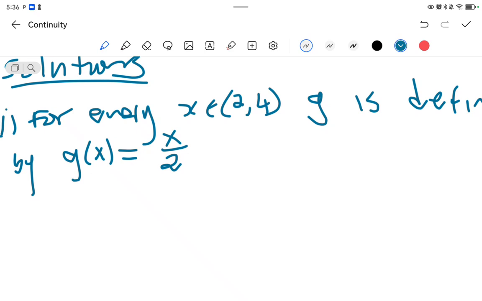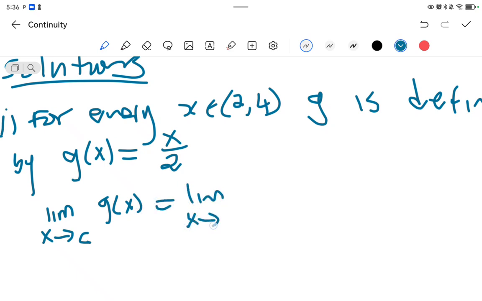So now we check the limit as x approaches c of g of x. Within that interval, this will be the limit as x approaches c of x over 2, which will be c over 2.